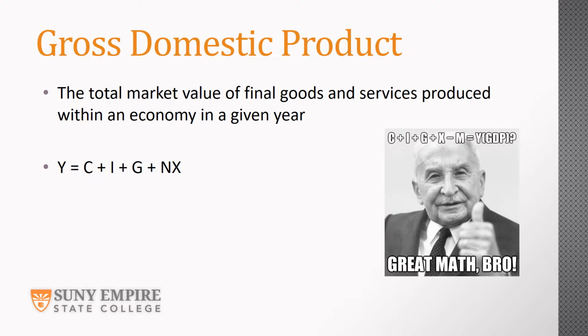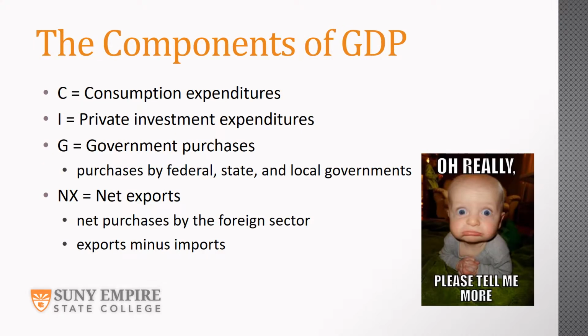In formula terms, the gross domestic product, denoted Y, is equal to C plus I plus G plus NX. But what do each of those variables represent? C represents the total of all consumption expenditures.